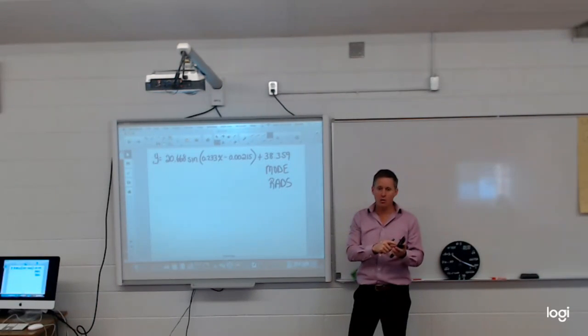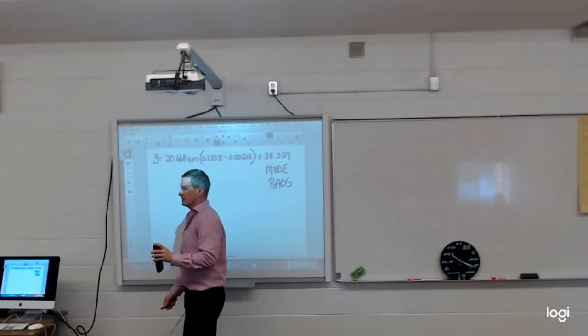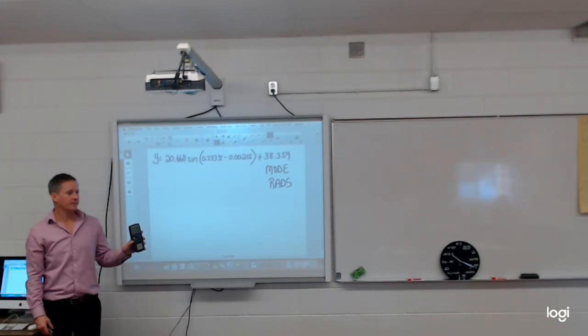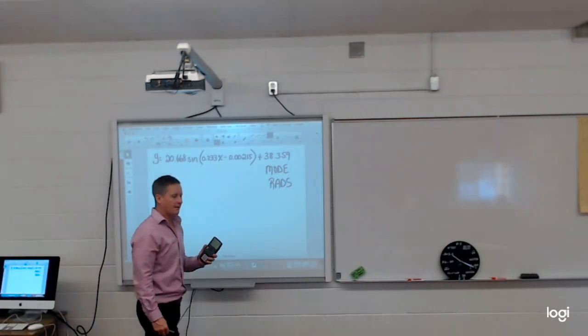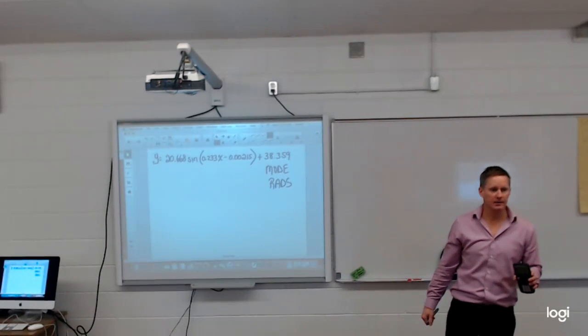So go to mode, hit radian, and then hit zoom 9 again, which is zoom stat. That's wiggly now. Does everybody follow what happened there?